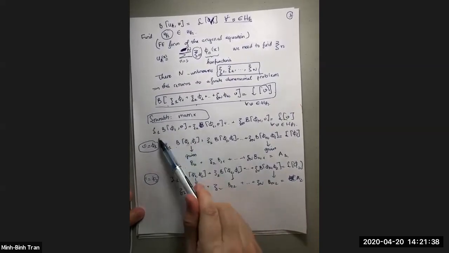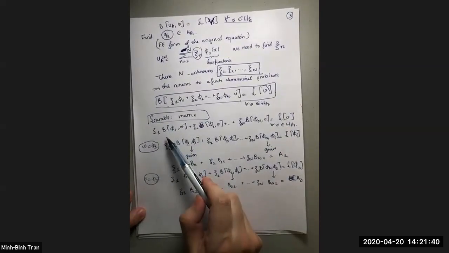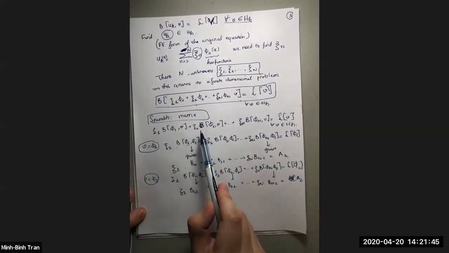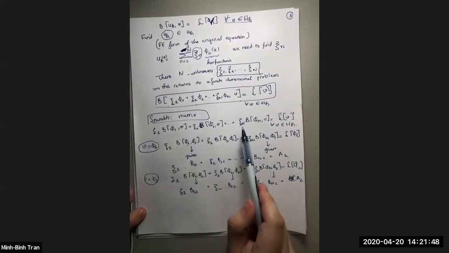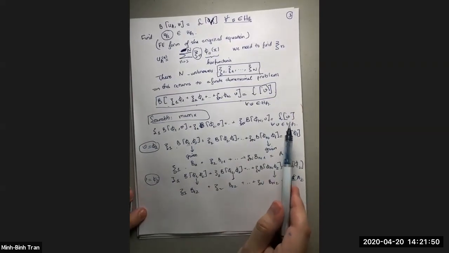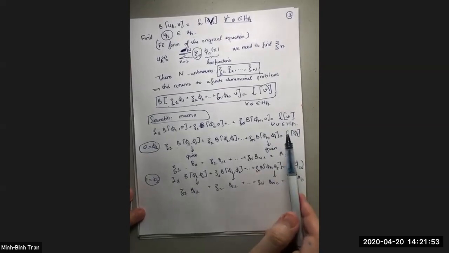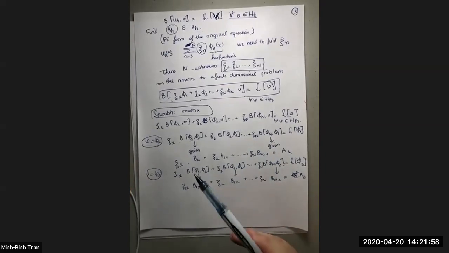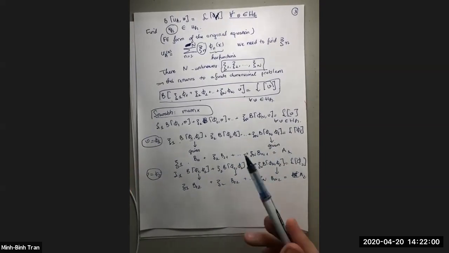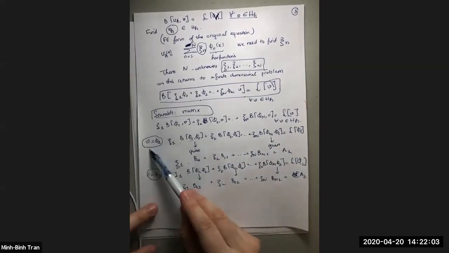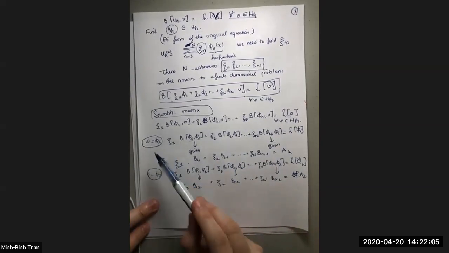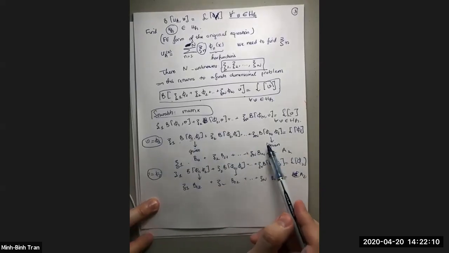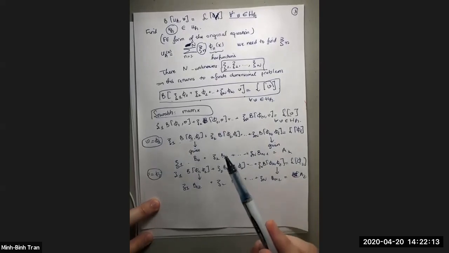Again, I explain again. Here I have to find the coefficients C1, C2, Cn, such that C1 B(V1, V) plus C2 B(V2, V) plus Cn B(Vn, V) is equal to L(V). This is true for all of the V in H. What I do is make a matrix equation out of this system. First I replace V by V1, then I have C1 B(V1, V1) plus C2 B(V2, V1) plus Cn B(Vn, V1), and this is equal to L(V1).